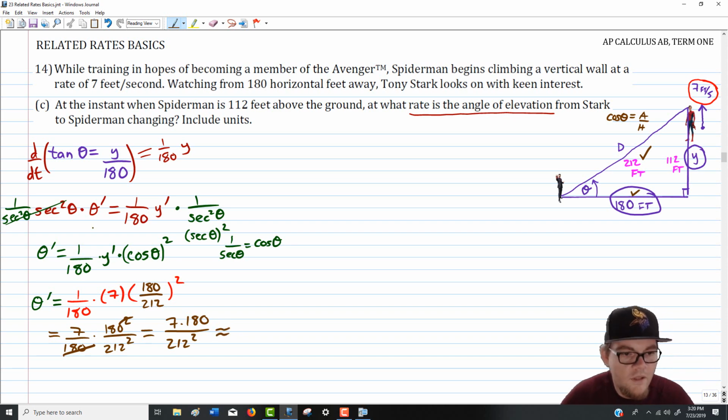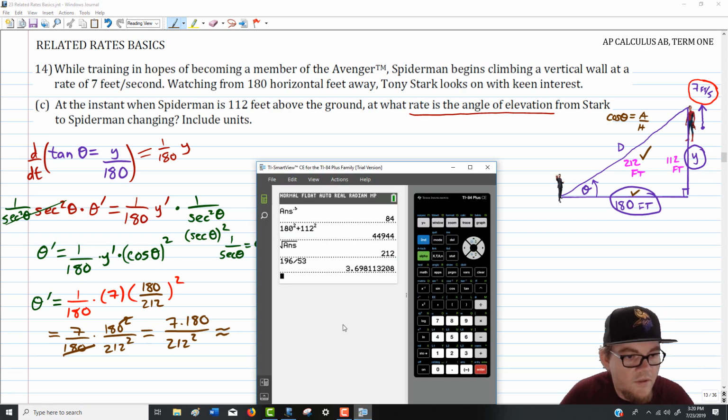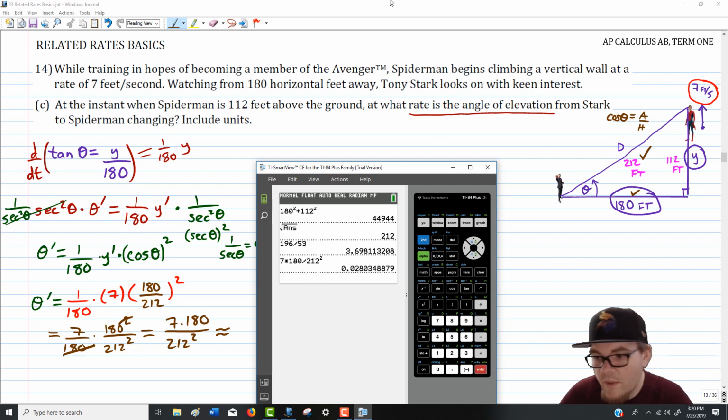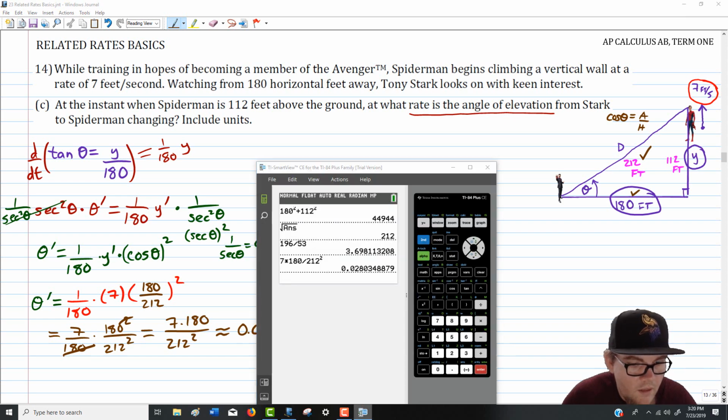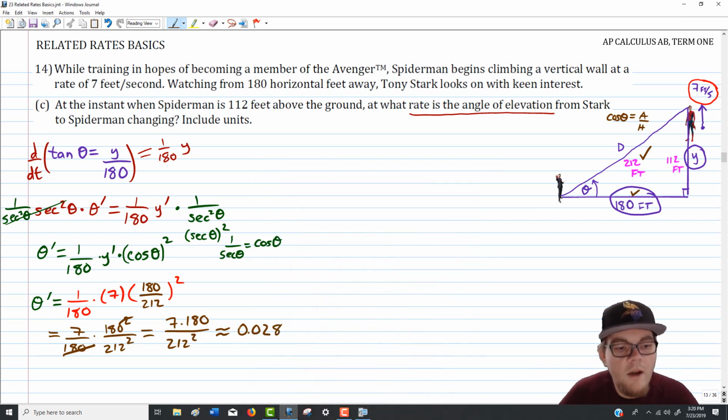And for the sake of completion, let's get what that number is numerically. 7 times 180 divided by 212 squared. So 0.0280. I have 0.028, is that right? Yay! So there is our numeric answer.